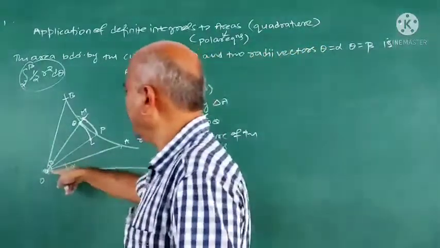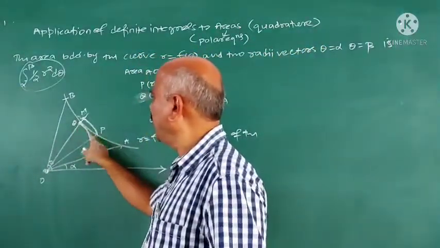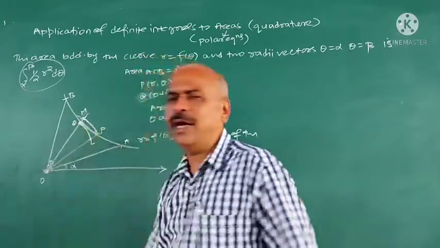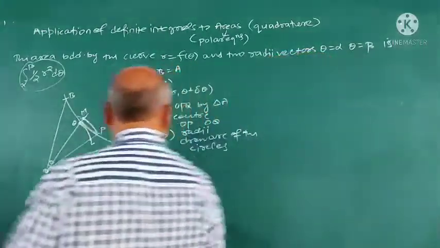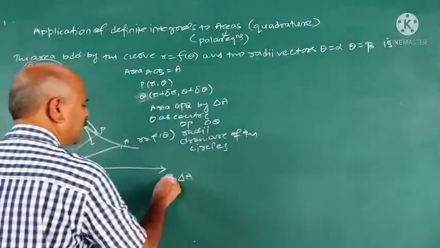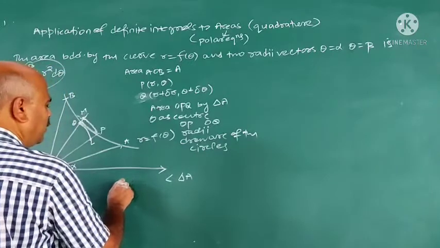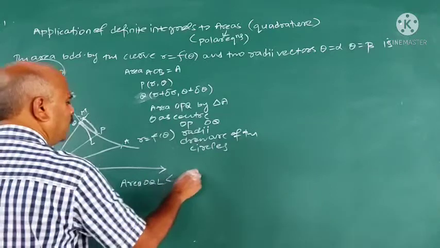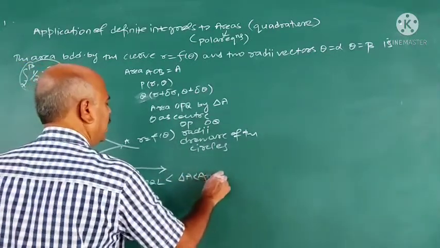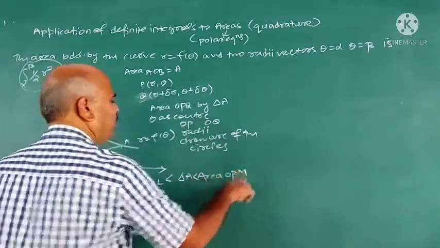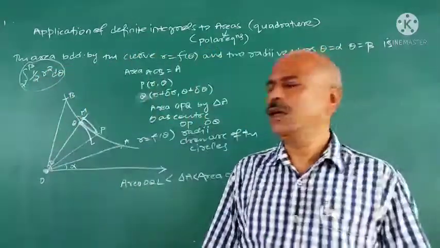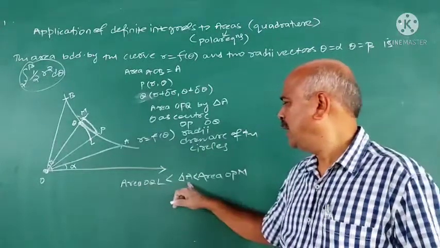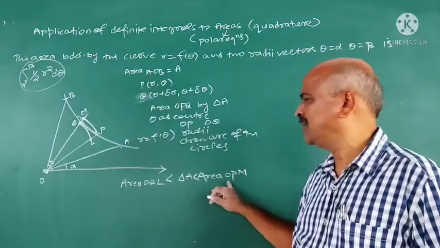Now I have denoted the area OPQ by delta A. Therefore, delta A is greater than area OPL, less than area OQM. Carefully observe this one. Delta A is greater than area of the sector, sectorial area, and delta A is less than area of the sector.